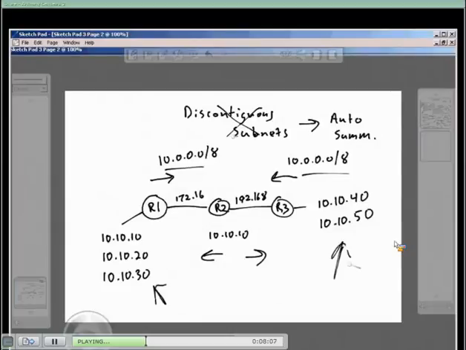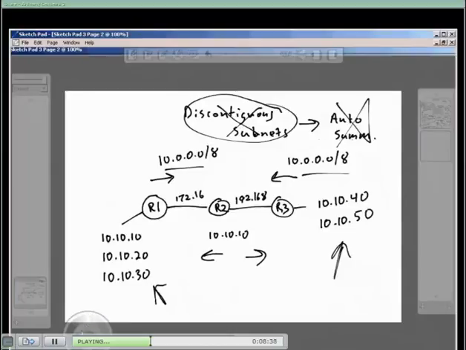Get rid of the discontiguous prefixes, the prefixes for subnets that are separated by these other networks. Or, of course, leave the discontiguous subnets in place and get rid of the automatic summarization. Obviously, both of these are options for us, and in RIP version 2, we can easily turn off the automatic summarization behavior.